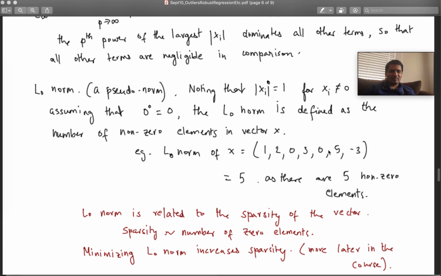So if you have a vector like this, you've got 1, 2, 3, 4, 5, 6, 7 elements total, and 5 of them are non-zero: 1, 2, 3, 4, 5.